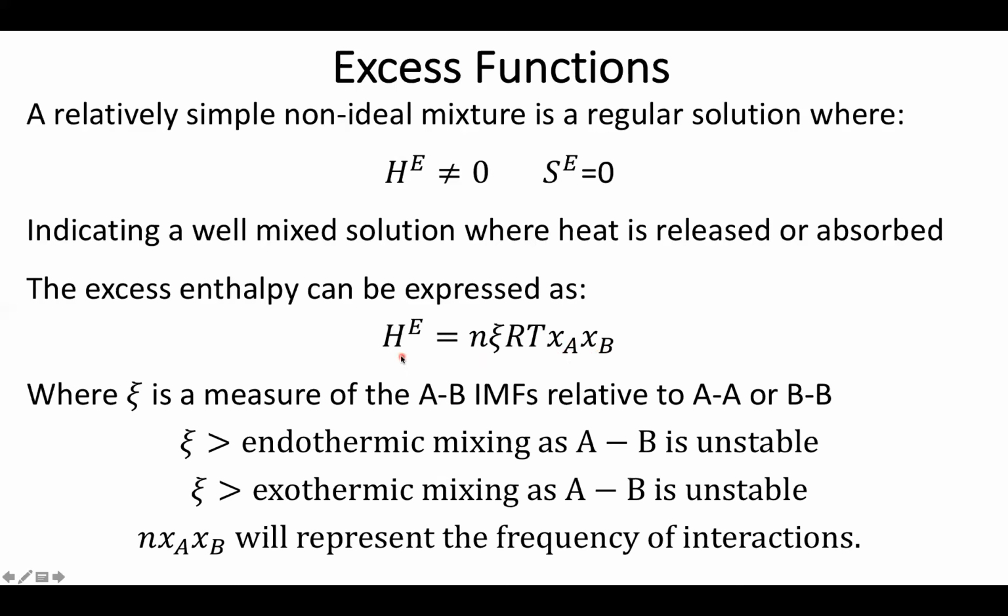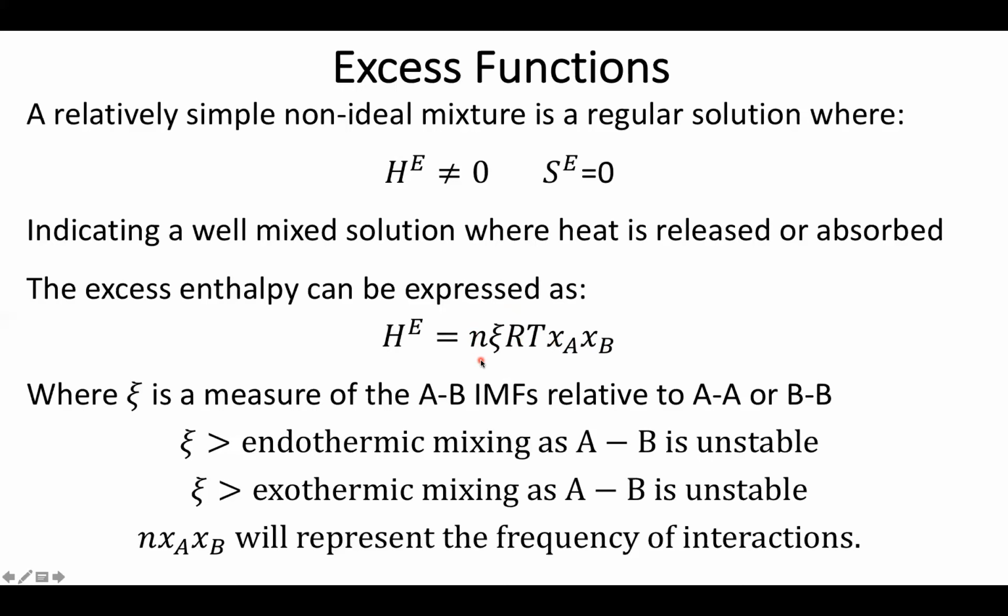So my excess enthalpy is going to also be 0. If I have a mole fraction of A of 0 and B of 1, then again, no interactions. And just like we've seen before, interactions are more or less going to maximize when these two mole fractions are as close to each other as possible. So 0.5 and 0.5 is going to maximize that whatever xi we're seeing is going to happen as frequently as possible.